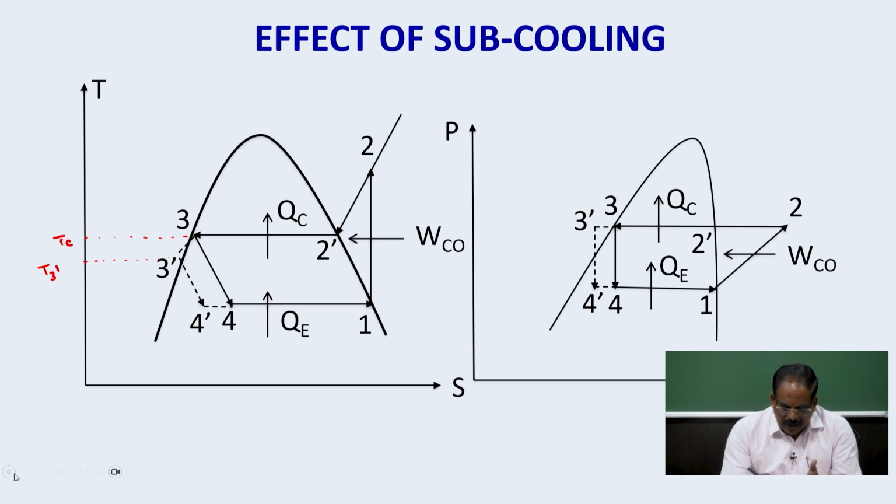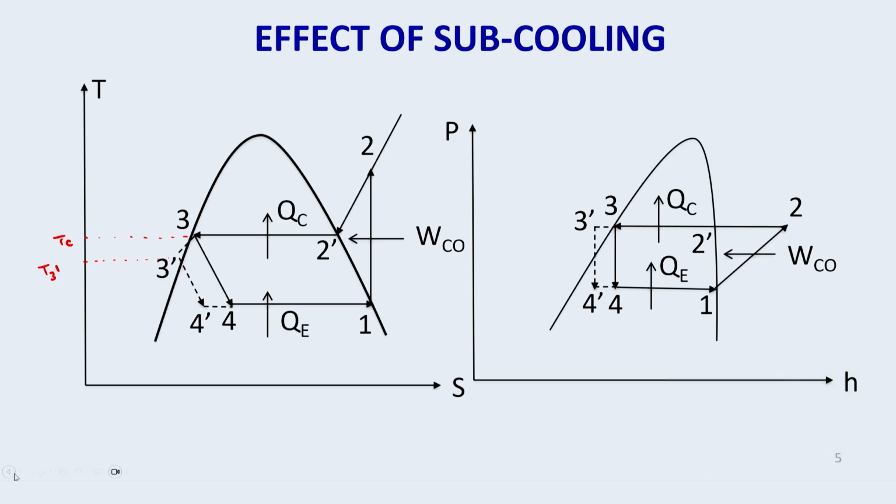If you calculate the refrigerating effect without subcooling, it is H1 minus H4. I will explain this portion with the pH diagram. This is H1 and this is H4.